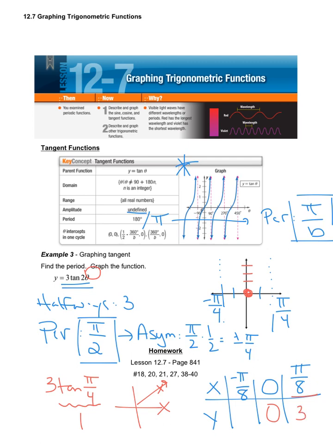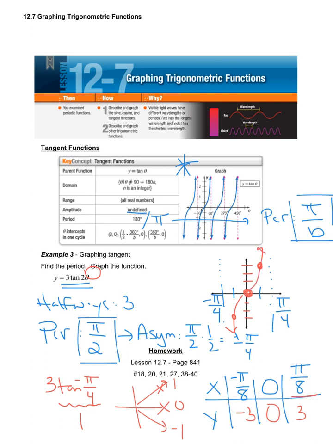So at pi eighths, I'm up at 3. If I plug in negative pi eighths, I'm going to have negative 2 pi eighths, or negative pi fourths. My tangent value is negative 1. Negative 1 times 3 is negative 3. And then from there, we just connect our points.